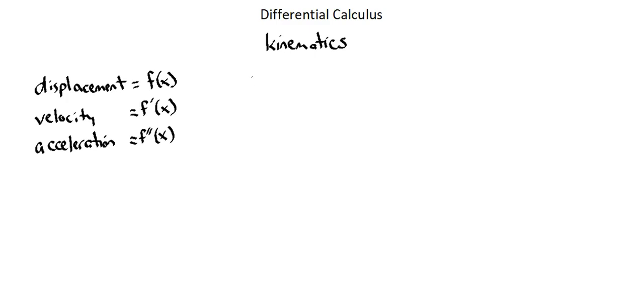So for the displacement function, at a value of 0, our position is at origin. If we have a positive value in the displacement function, we're to the right of the origin. And if we have a negative output, we're to the left of the origin. Velocity has a similar interpretation based on 0, positive, negative outputs.